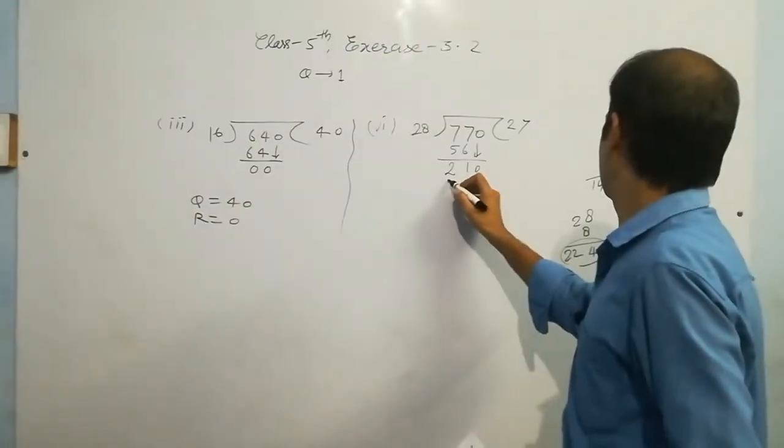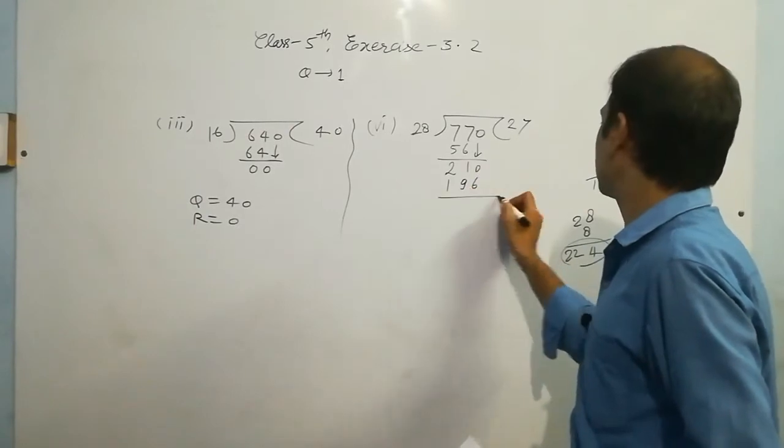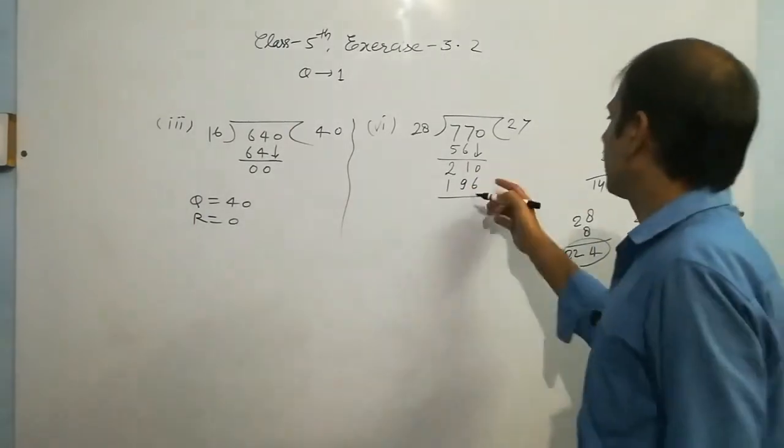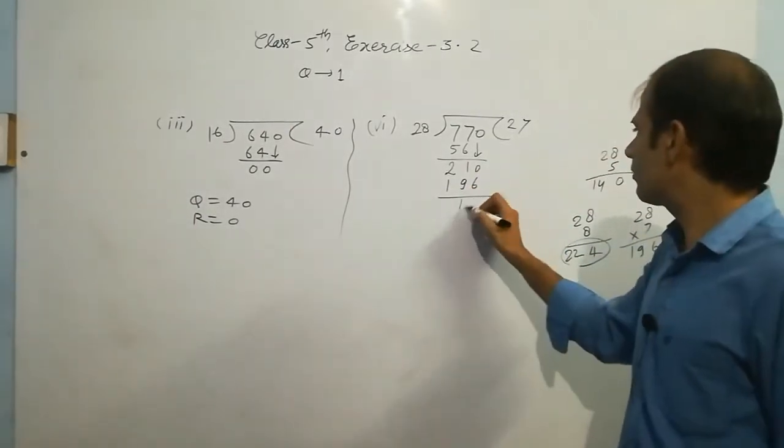Now try with 8. 8 8 ja 64, 6 carry, and 16 plus 6 22. It is bigger. So I hope we have to consider 28 7 ja. It is 8 7 ja 56, 5 carry, 7 2 ja 14 plus 5 19. So it is 28 7 ja 196. Okay, and after subtraction we have 14.